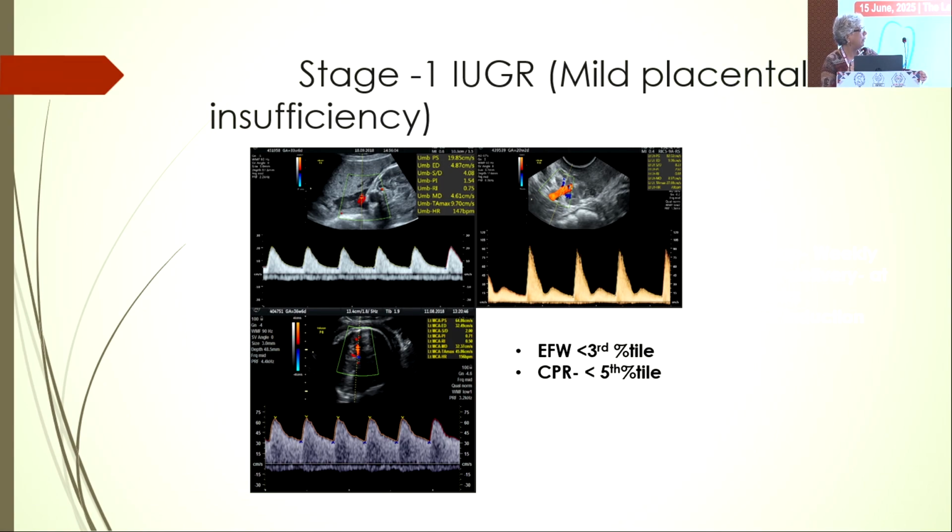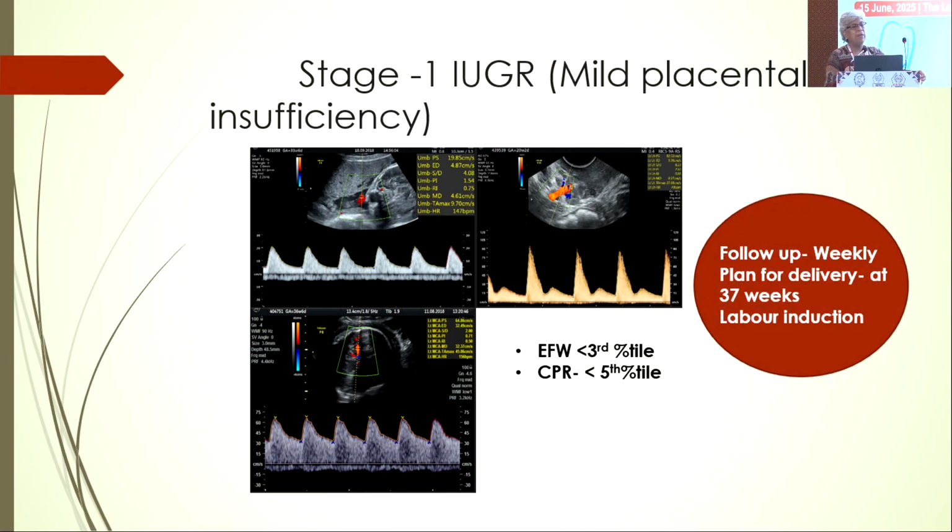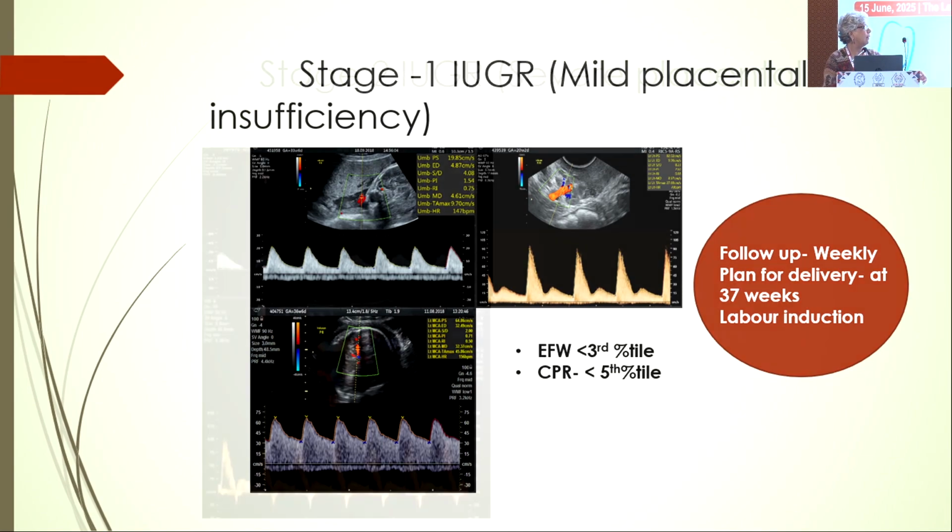Now I know, and the CPR is less than 5th centile. Dr. Rachna will tell about this CPR. So my follow-up will be increased. I will do weekly Doppler, and if it remains in the same stage, I can plan for delivery at 37 weeks, and it's not necessary by cesarean. We can do labor induction in these cases.